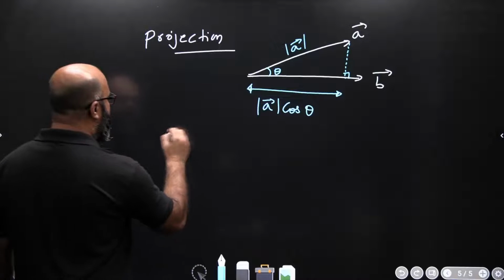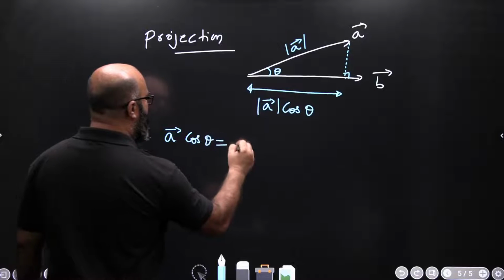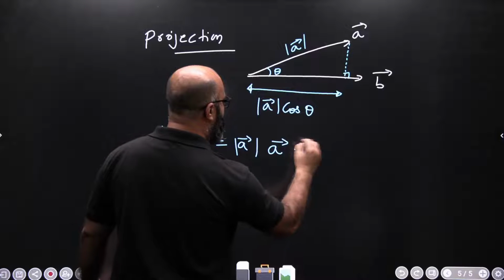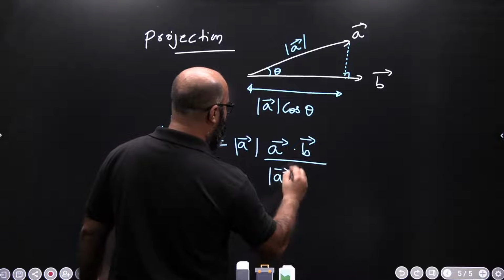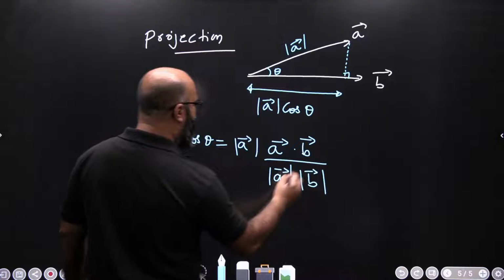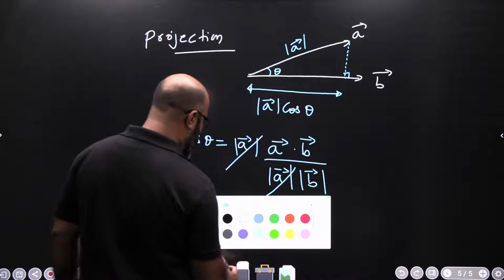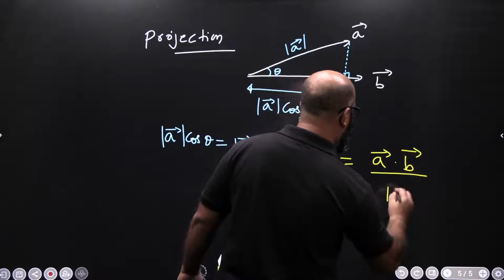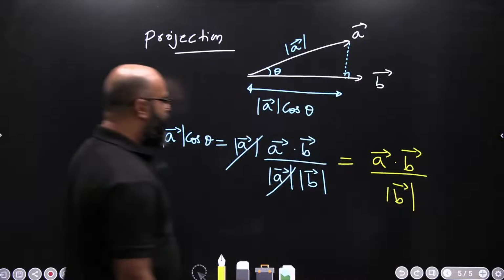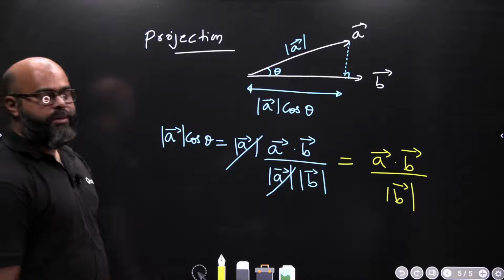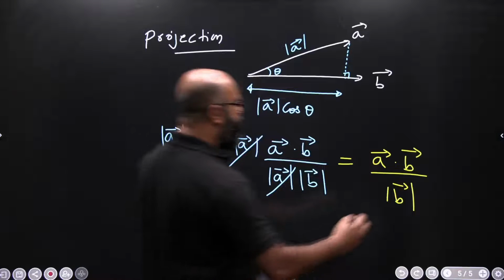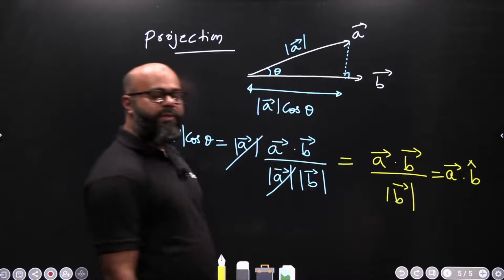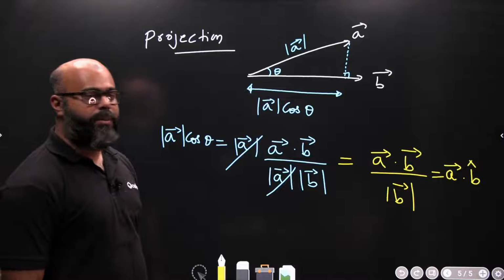So mod A cos theta is mod A times A dot B by mod A into mod B, and mod A gets cancelled, and what we get here is A dot B by mod B. This is the projection of A on B. You can also write it like this: A dot unit vector B, because B vector by its magnitude is unit vector B.